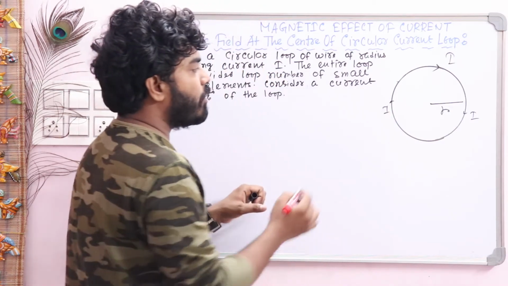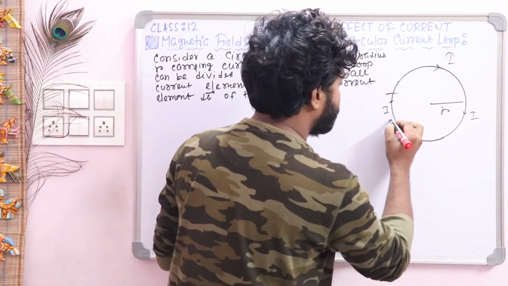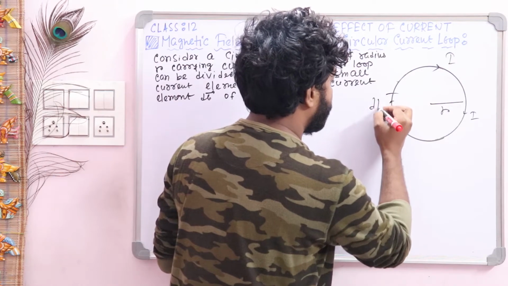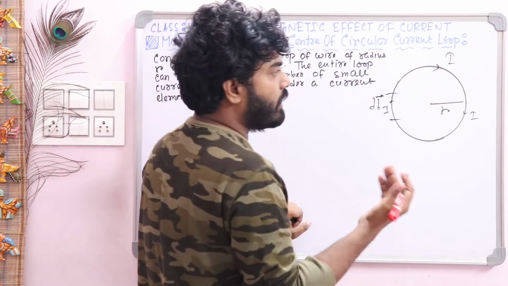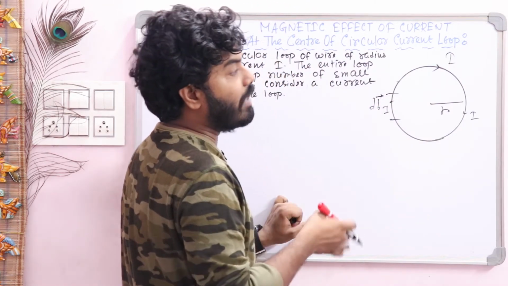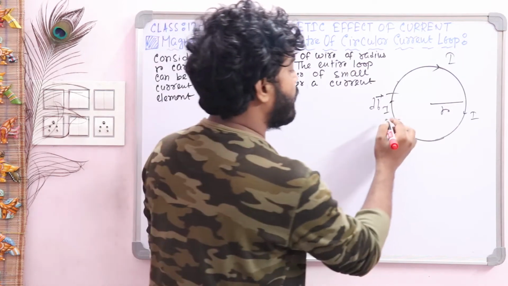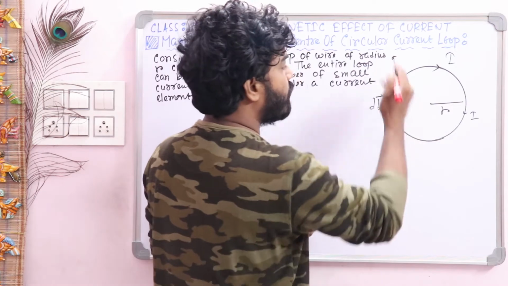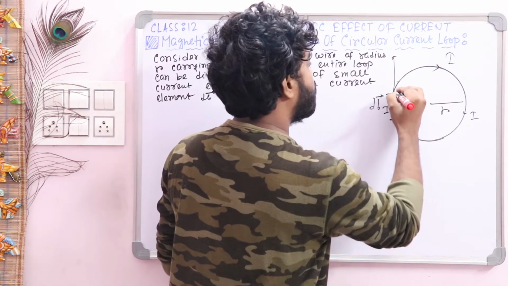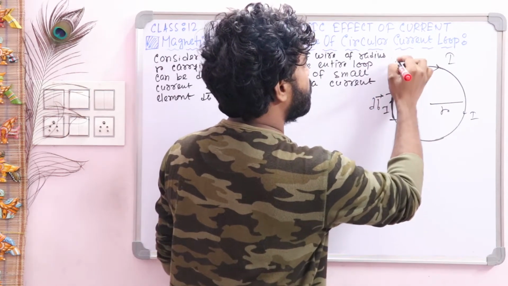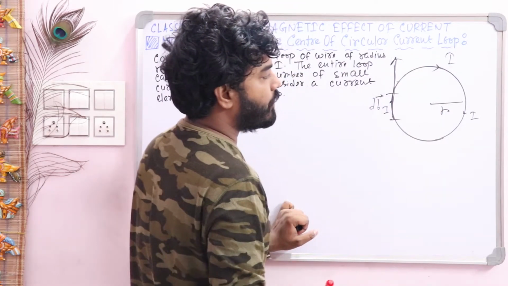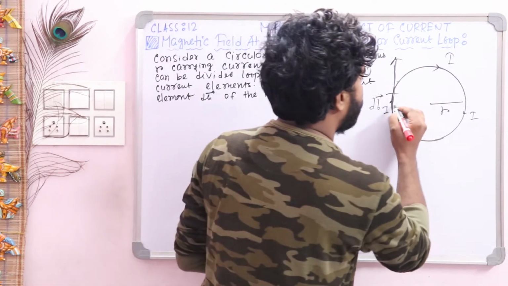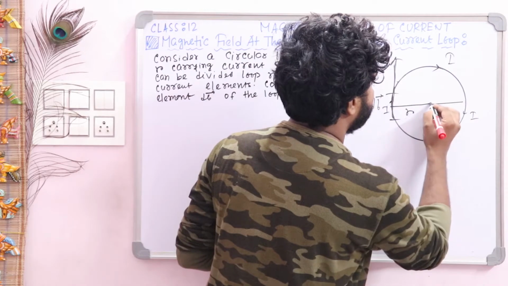So first of all you consider a small current element del L. Suppose this value is del L and the direction of del L is always along the direction of current, and in that case this one will be along the tangent, the tangential. Yes, so this is the direction of del L, and you see this is the value of R, this is the radius, this point is center.